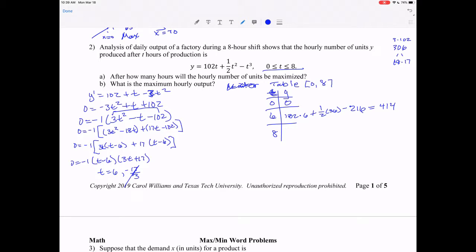And you have 102 times 8 plus 1/2 times 64 minus 8 cubed, which is 512. So that's 102 times 8 plus 0.5 times 64. I did minus again.